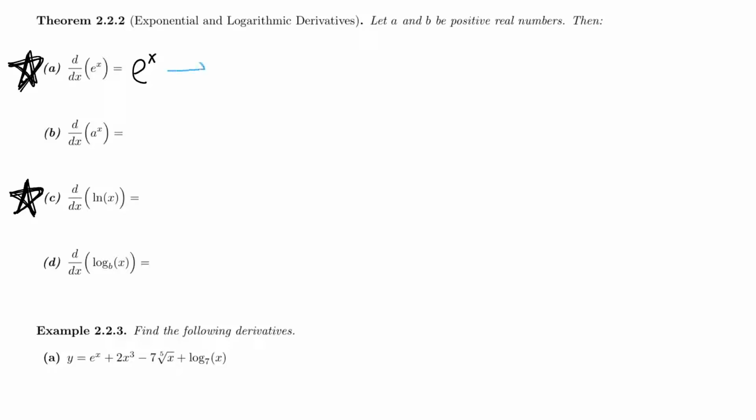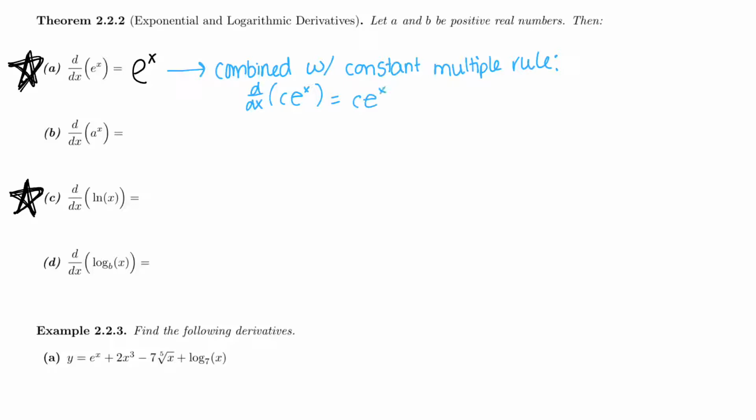Now, if you combine that with the constant multiple rule, you get something pretty great, because if you're taking the derivative of a constant times e to the x, then it's just the constant times e to the x.